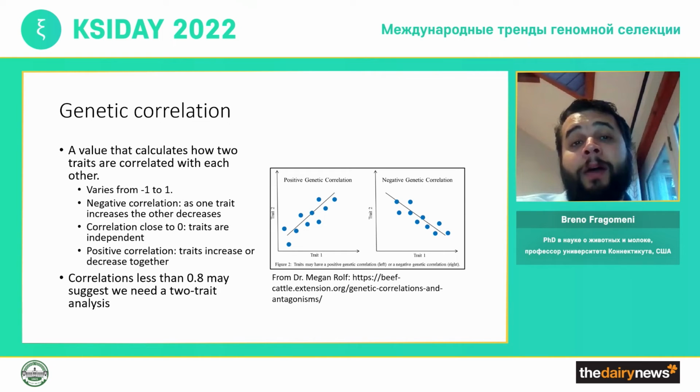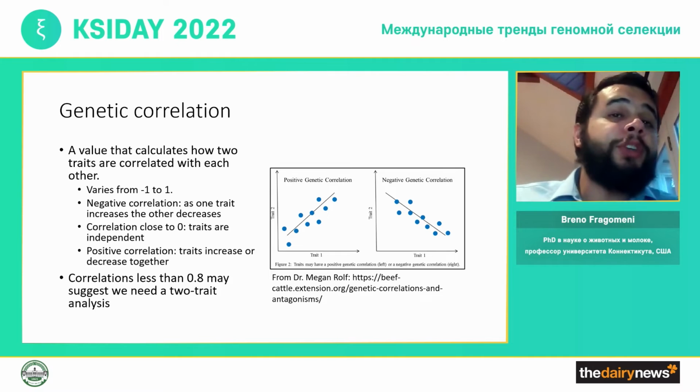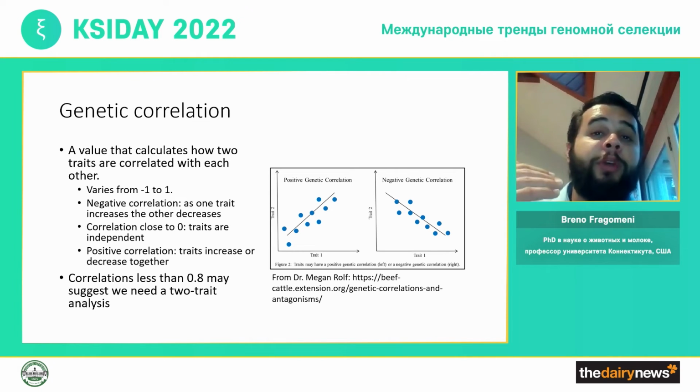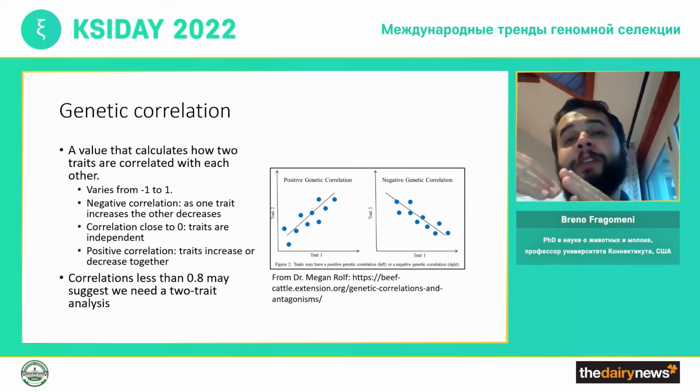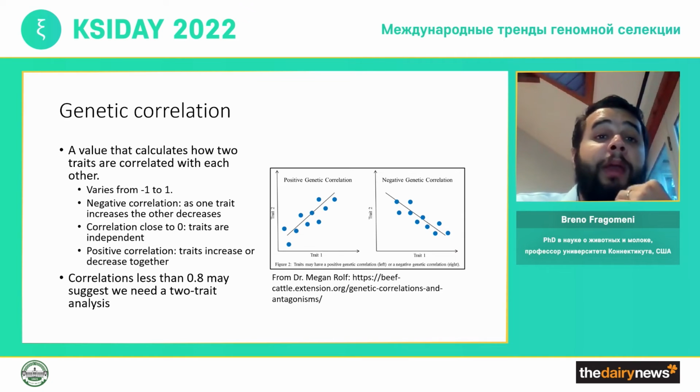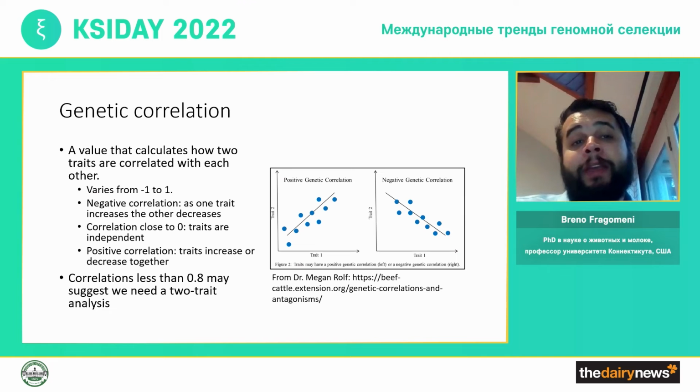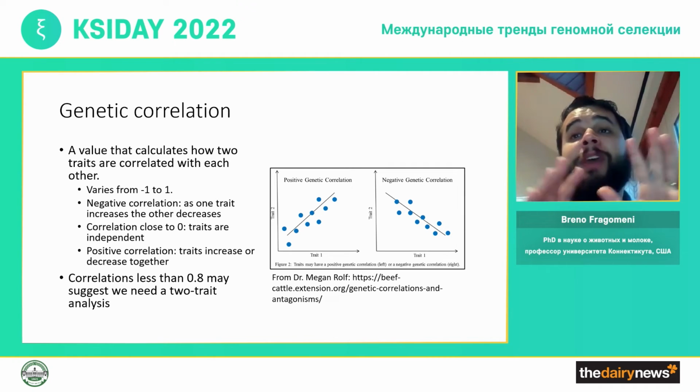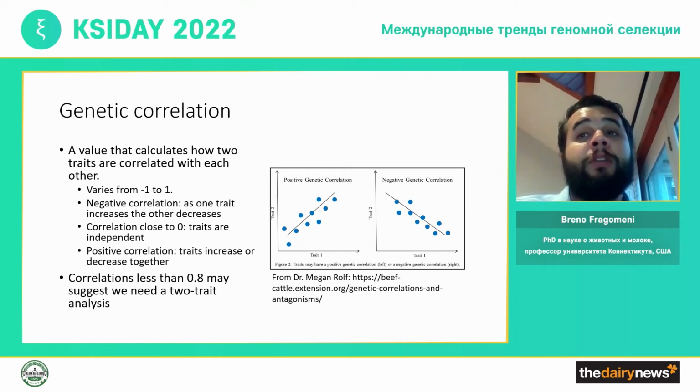Therefore, we cannot learn much from one trait to the other. And when the correlation is positive, it means that increasing one trait will also increase the other trait, but not in a perfect scenario. If the correlation, and that's the rule of thumb, is less than 0.8, it may suggest that we need a two-trait analysis. We need to separate those two environments in two traits and have a specific evaluation for each specific environment.